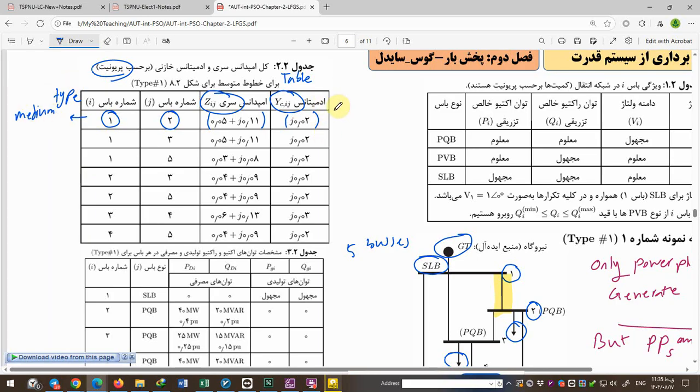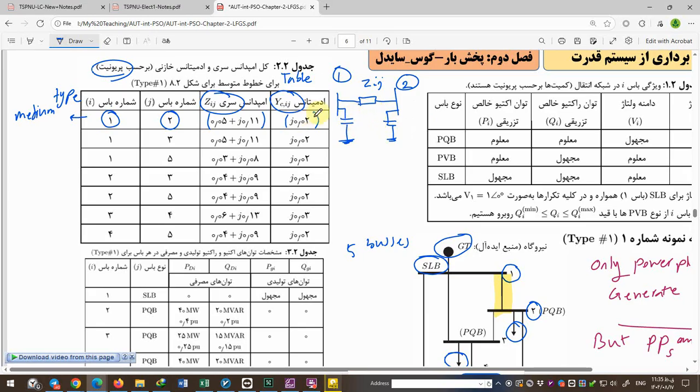For example, when I want to model the transmission line between bus 1 and 2, we can write Zij as a series impedance and the half part of the admittance at the beginning and the half part of the admittance at the end.